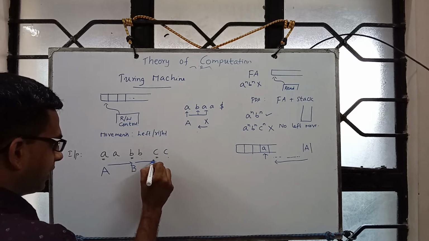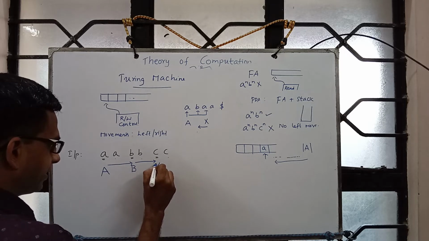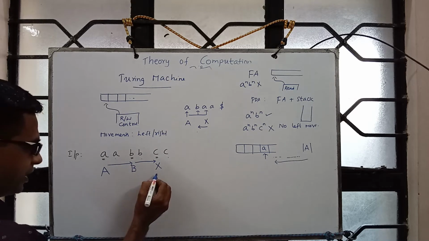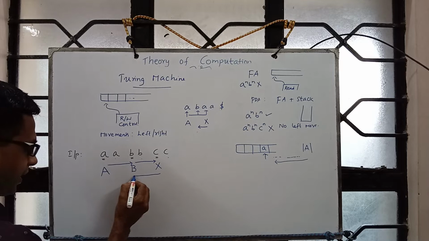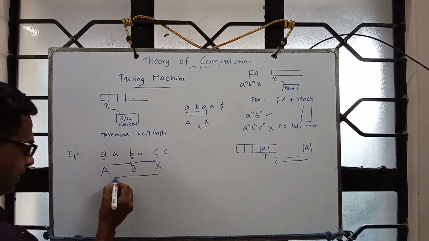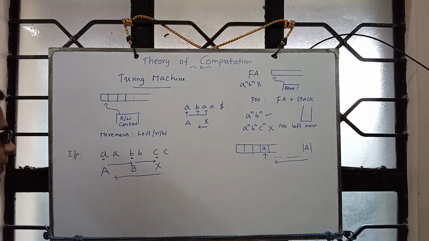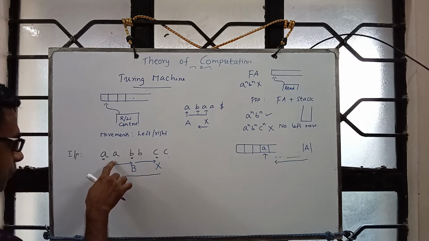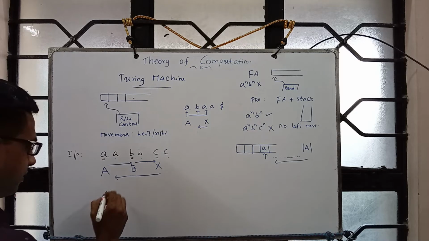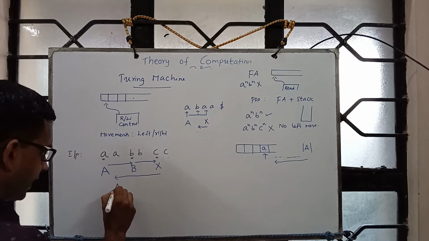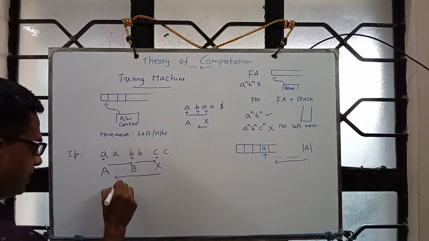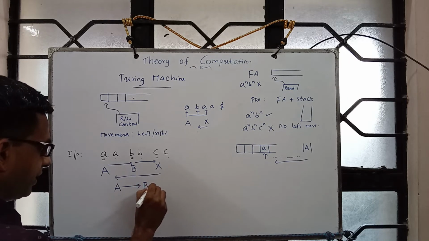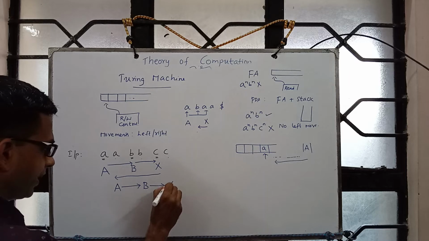Then we move right and change this to something, say X. Then I change my direction until I see the leftmost A. Or I need to continue this process, which means I need to look for the next little a. So I change this to capital A, and for this I should look for a corresponding B. I'll change this to B, I'll change this to X.